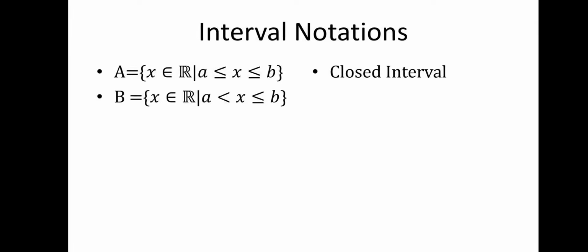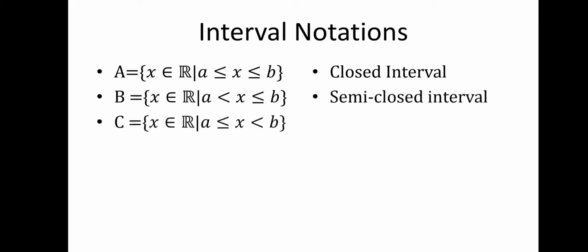If I consider the right endpoint, I will be calling it a semi-closed interval. In some books you will find that this is called semi-open interval also, but I am doing it the other way. If I consider the left endpoint, I am calling it a semi-open interval.